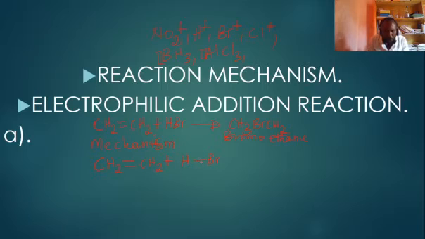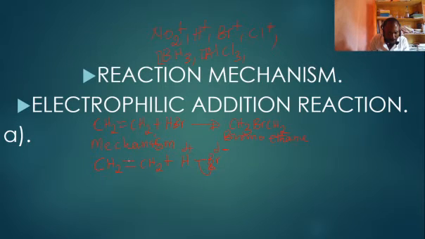Now look, this bond here is polar. Why do we say it's polar? The electronegativity of bromine is higher than that of hydrogen. So the bromine atom is going to pull this bonded sigma bond more toward itself. As a result, this bromine becomes slightly negative and this hydrogen becomes slightly positive.